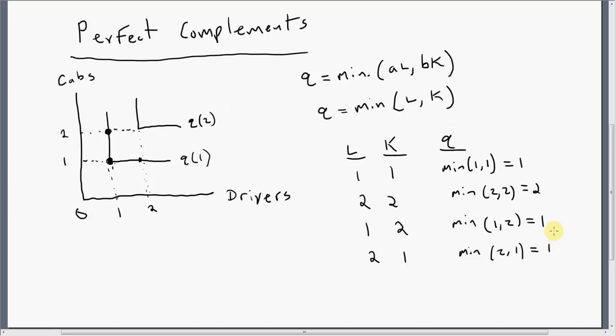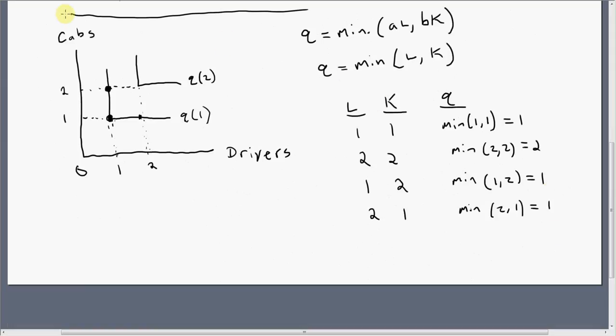Alright, so let's try to find the optimal input mix in this environment. Let me do a problem. So let's say we want to produce 50 units of output. Let's find the optimal input mix to do that. The way to do that is to take what's in parentheses.